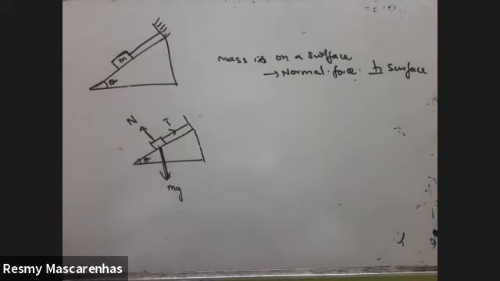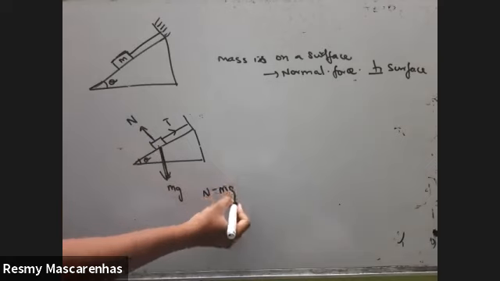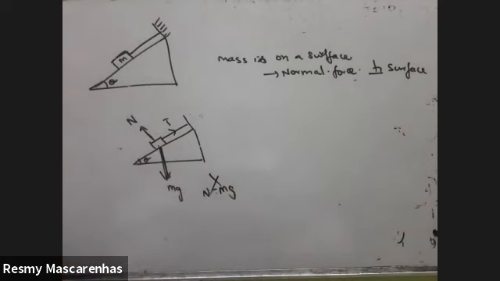This is theta. Now if you notice, this mg would have to be exactly in the opposite direction of the normal, then only you could balance out. Now we cannot say N equals mg. It will be wrong. That would hold when N and mg are exactly in the same line, same angle, opposite direction. But now what is happening?